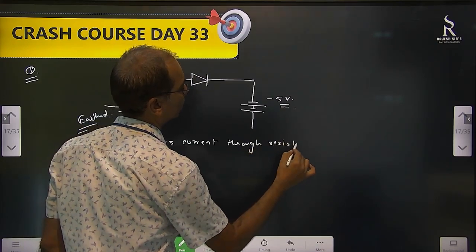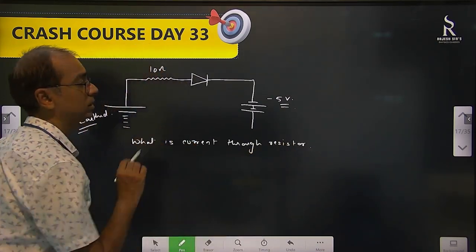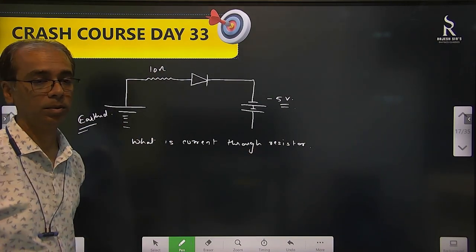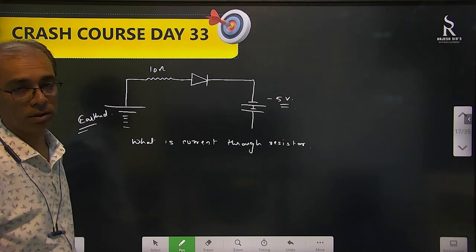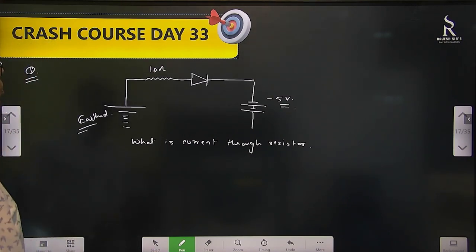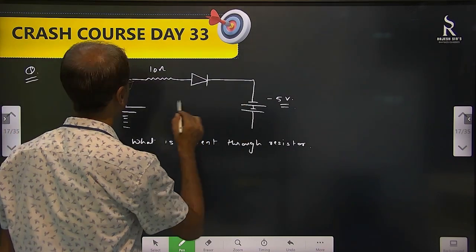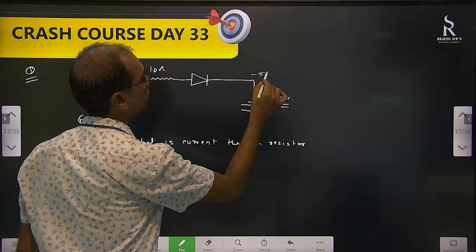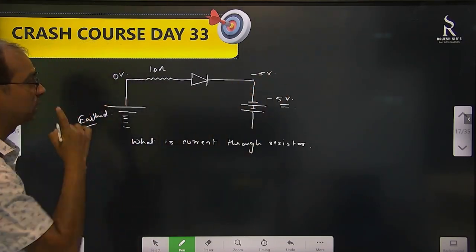Now we all know that current will flow through the resistor only when this PN junction diode is forward bias. Otherwise there will be no current because it will act like an open circuit. So the first task is to check whether it is forward bias or reverse bias. This is minus 5 and this is 0 volt. Which has higher potential? 0.